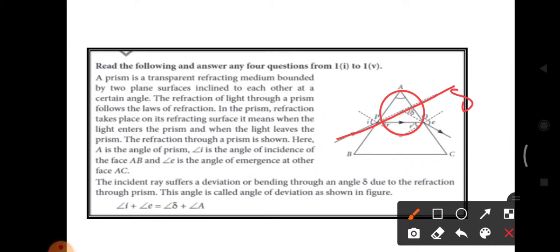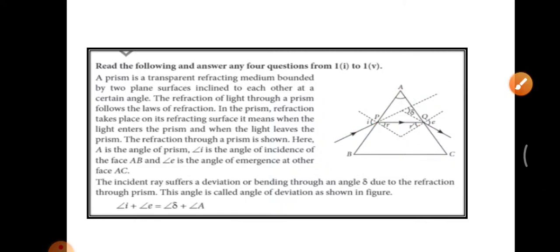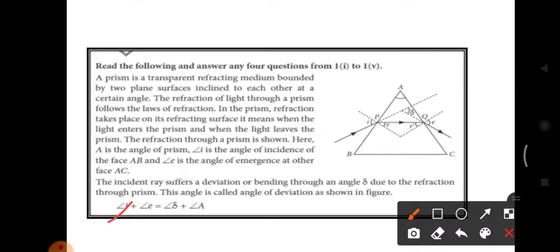This is the angle of deviation. So the emergent ray and the incident ray meet at one point and make some angle. That angle is called the angle of deviation. So the angle of incidence plus the angle of emergence is equal to the angle of deviation plus the angle of prism.